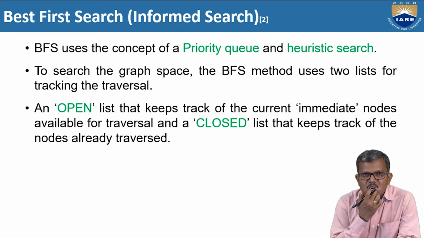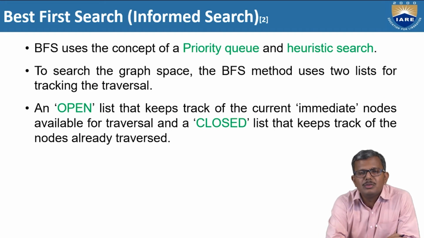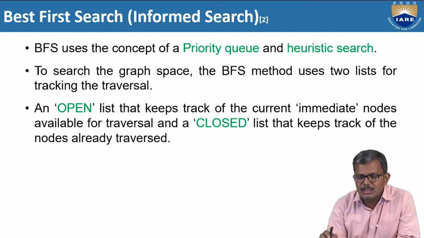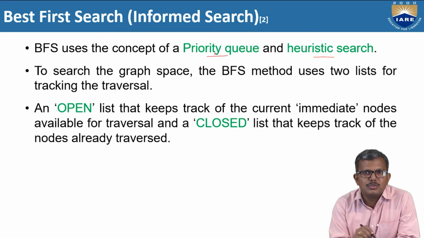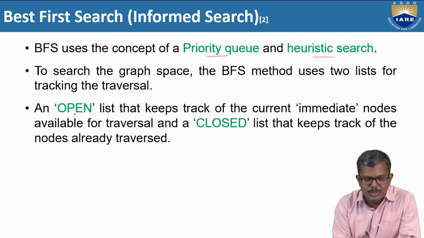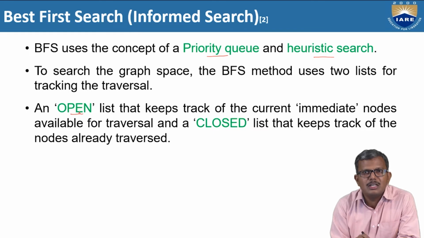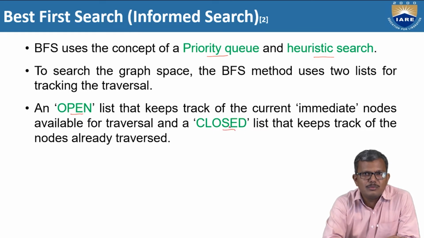Coming to the implementation point of view, when you are implementing best first search, two things are required. One is the heuristic search approach, and along with that, you need two priority queues, or otherwise two lists, to perform this best first search technique. One priority queue we consider as open, the other priority queue we consider as closed.